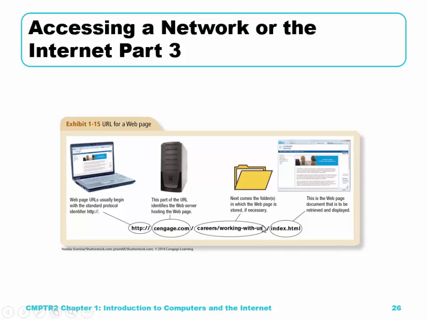So you're sending a Hypertext Transfer Protocol, and it's stored on the Cengage.com server, in the careers folder, in the working with us folder, inside the careers folder, and then index.html is the page. So it gives you the entire path to get to that page on the Cengage.com server.